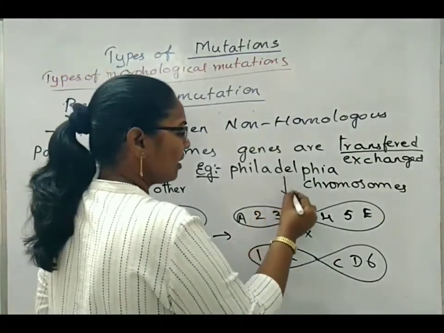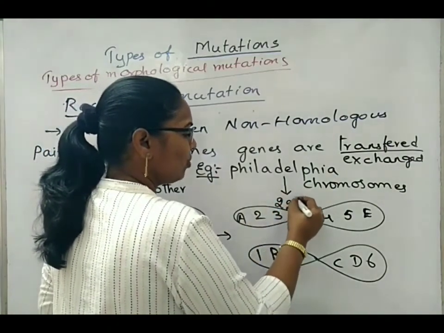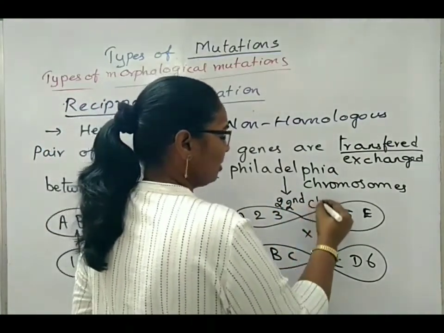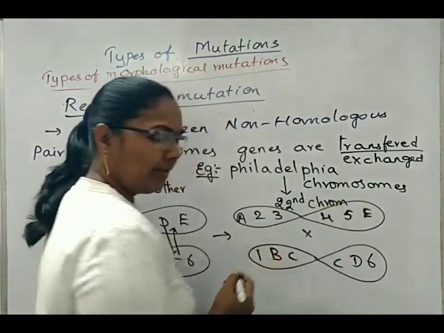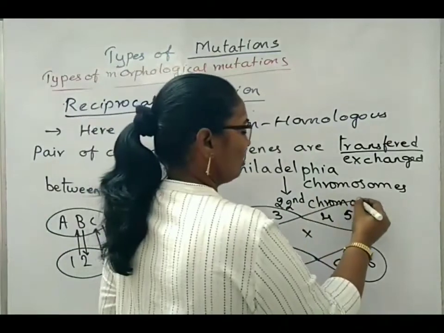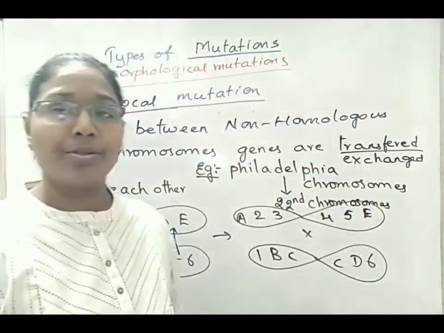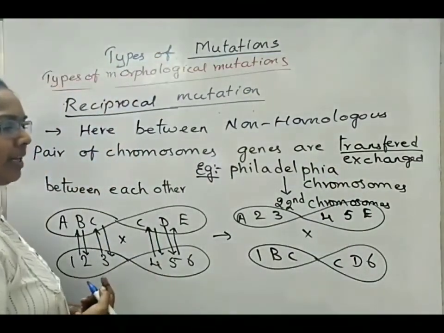These Philadelphia type of chromosomes mostly will be the 22nd chromosome, we can also use the term 22nd pair of chromosomes. And even the 9th chromosome we can take as a Philadelphia chromosome.